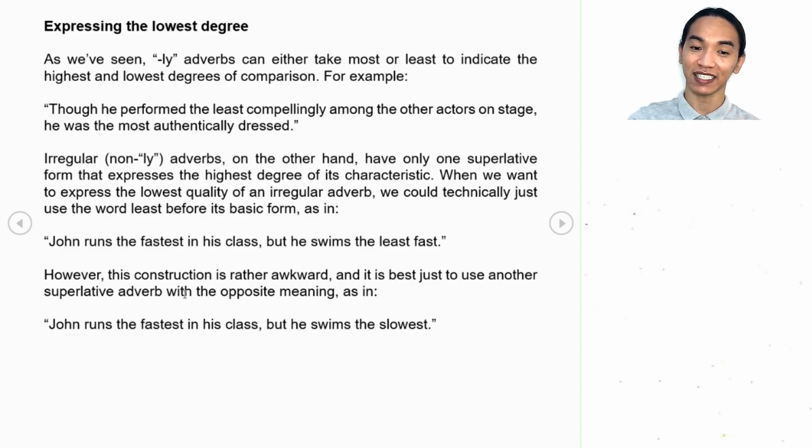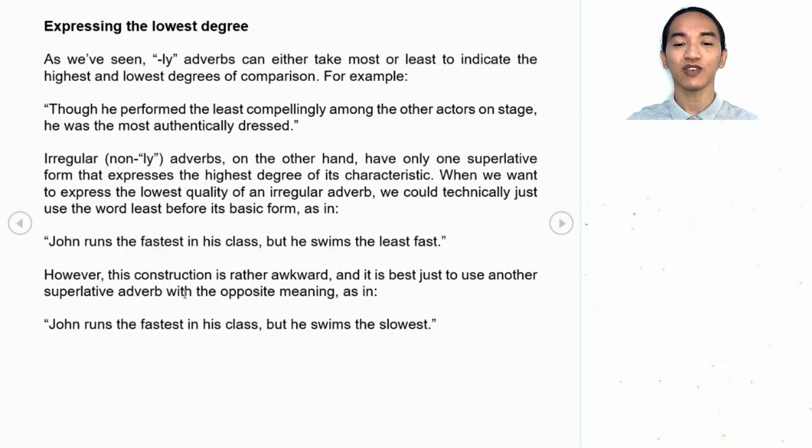Example: John runs the fastest in his class, but he swims the least fast. You can see there, least fast. So we use least plus the base form of your adverb, fast. However, this construction is rather awkward. It's not really very comfortable or common to use or to hear.